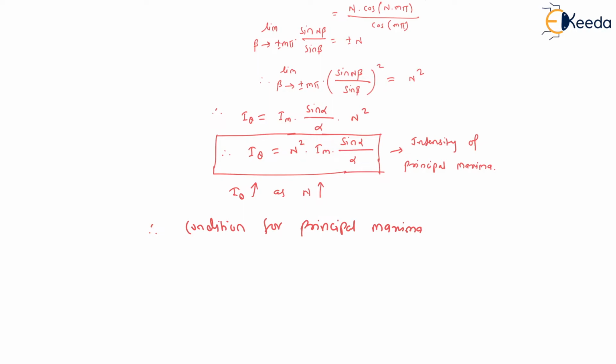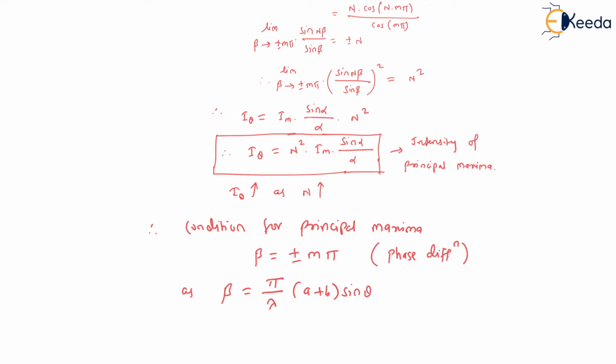In terms of phase difference, it will be beta is equal to plus minus m into pi. Now we know the value of beta: beta is pi by lambda into a plus b into sine theta.